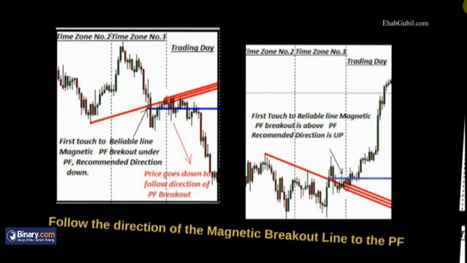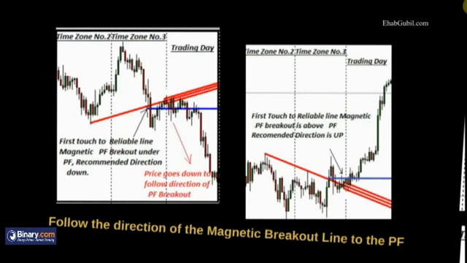It means when the magnetic PF breakout is under the PF, we will take the direction of the price as down to this breakout, and vice versa. When it's above the PF, we will consider it as up to this breakout.